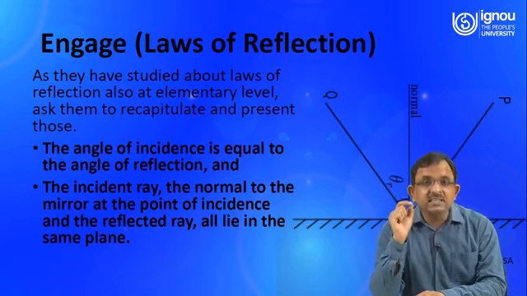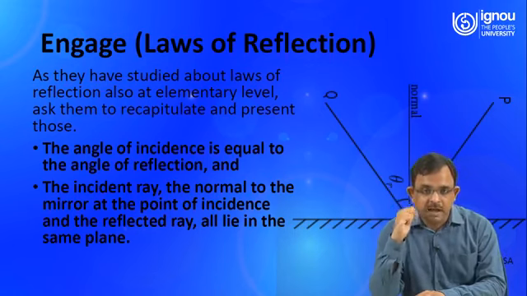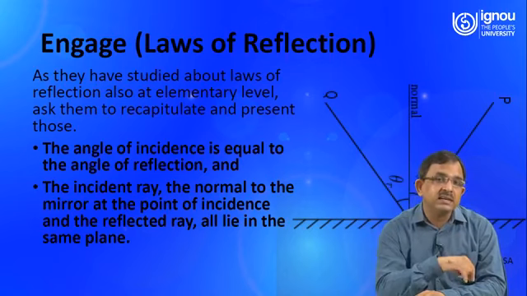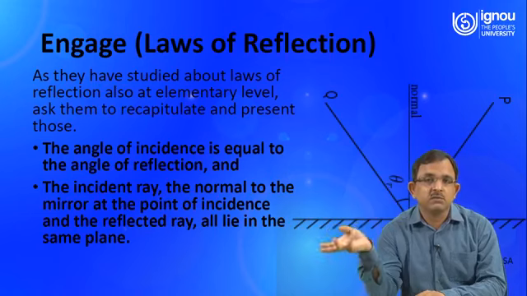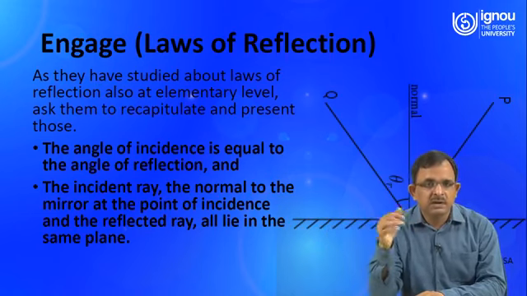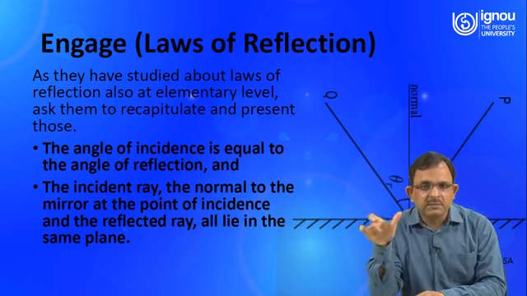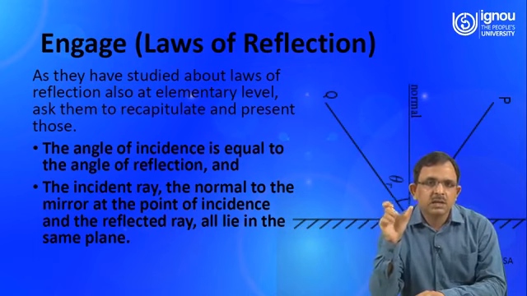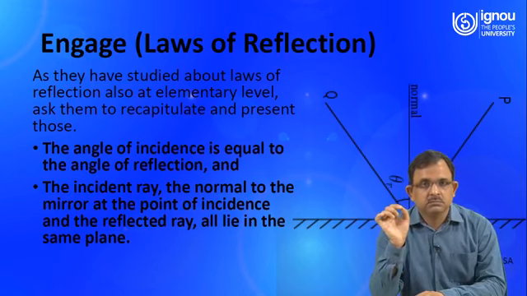To explain that reason, you need to help them recall the laws of reflection which they have already studied at the elementary level. The laws of reflection are in the science curriculum at the elementary level, maybe in class 7 or class 8. So let them recapitulate. You ask them to present, and they will tell you that for a plane mirror, the angle of incidence is equal to the angle of reflection.